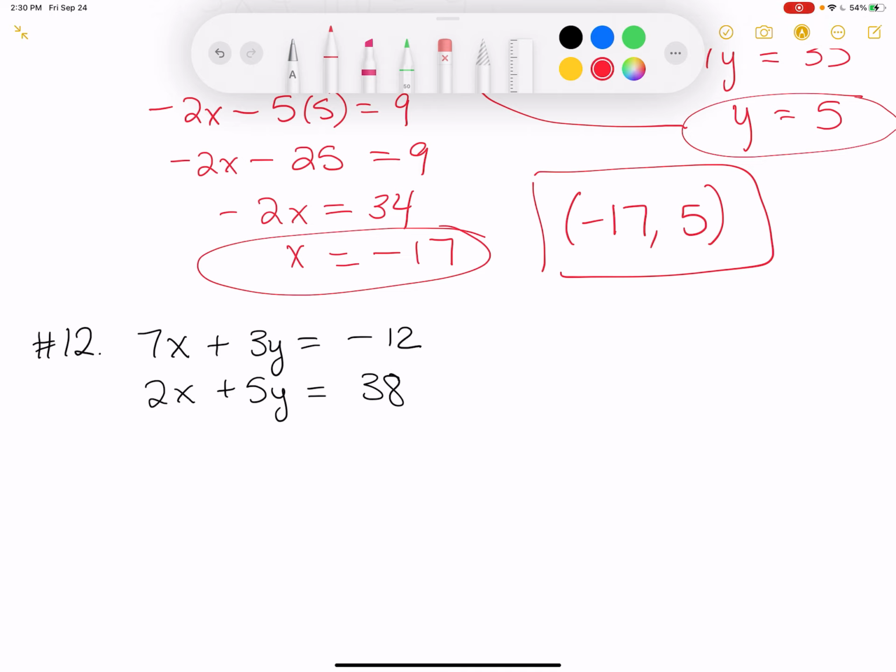All right, do any of the variables have a number that I can multiply by to get to the other one? No? All right, so which variable do we want to deal with in this case?